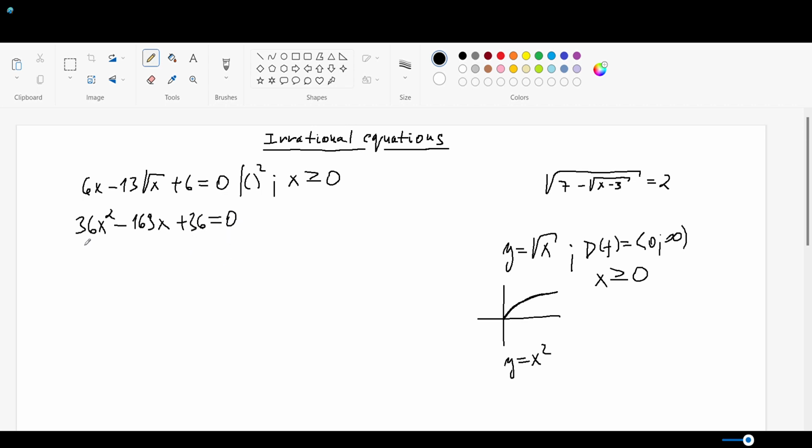But this is really wrong, and you have to think about this equivalent operation this way.